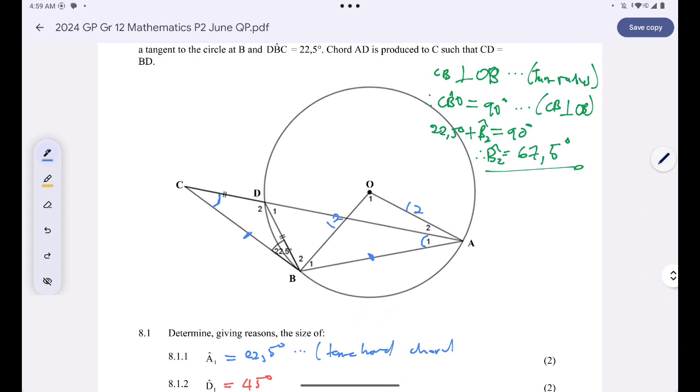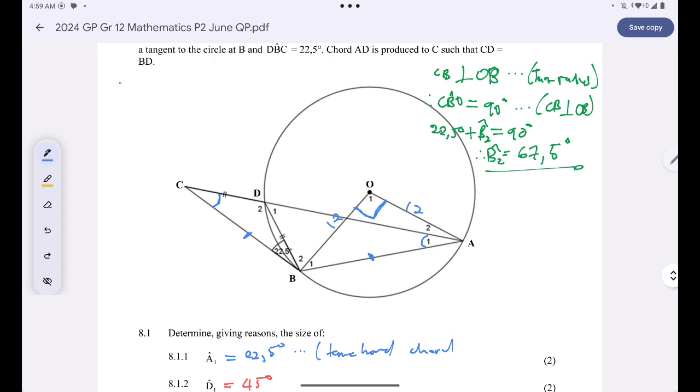Please note that we've proven that this angle is 90 degrees, right? So that simply means we have a right angle triangle, and AB is the side opposite the 90 degrees. It simply means that AB is our hypotenuse.